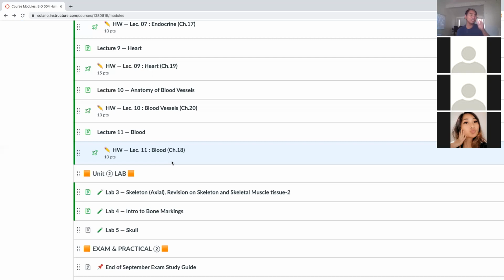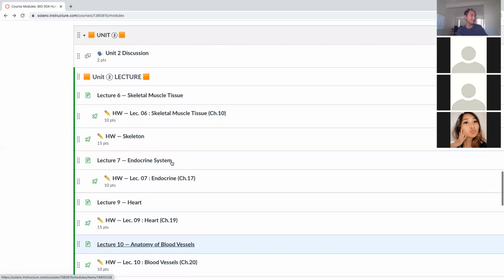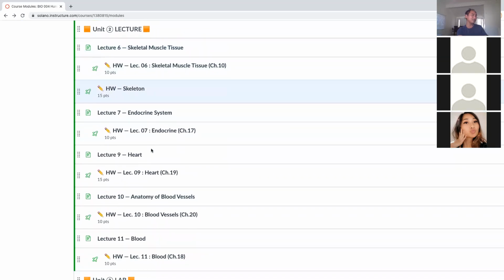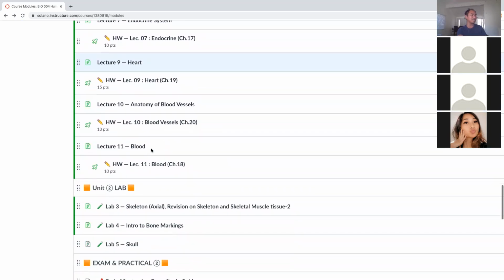Yeah, the exam will include skeletal muscle tissue, skeleton, endocrine, heart, blood vessels, blood, and the respiratory system. And of course the skeleton, including the respiratory system, so the lungs. So that is the whole thoracic cavity, heart, lungs, the major blood vessels and the blood, and some skeleton.